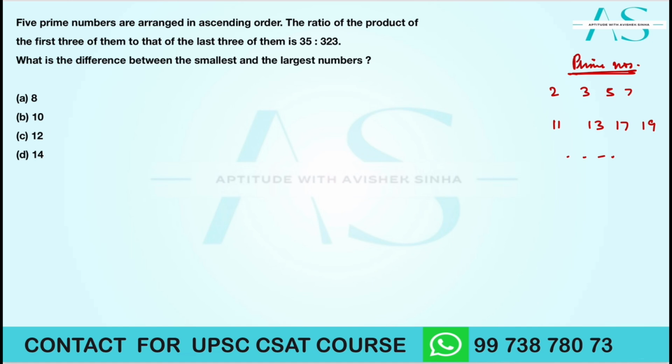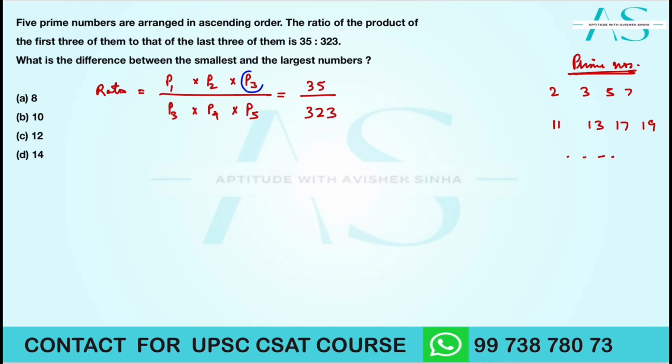The ratio of the product of first three, so P1 into P2 into P3 upon P3 into P4 into P5, is exactly given as 35 upon 323. Do I see any similar data that I can eliminate?